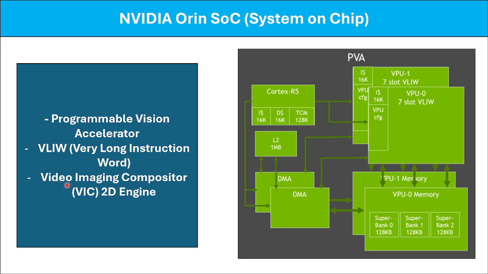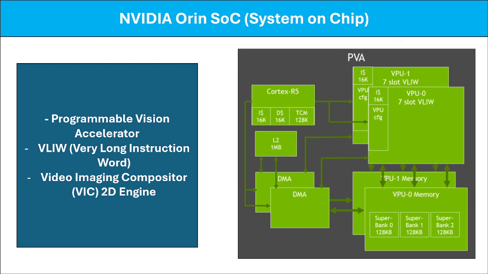And we have VIC, meaning video imaging compositor, or VIC 2D engine. The best way to check what it is is to go into the details, but we need to mention this.